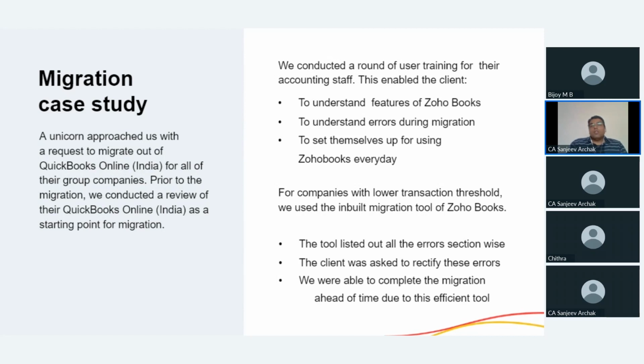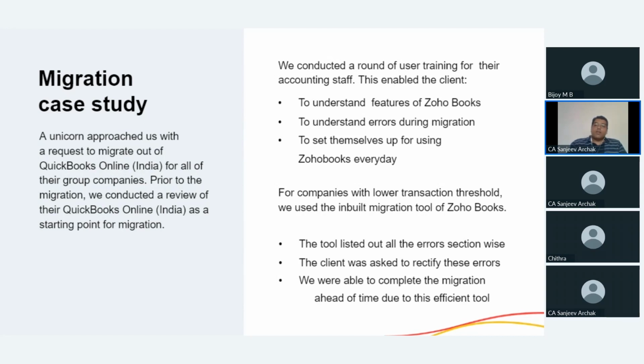This DIY tool does something magical. Once it starts pulling in data, it lists out all the errors that we get, section-wise. This makes our life very, very easy. We can take out these errors, have a quick call with the client, brief them about the errors, and tell them how to fix those errors.